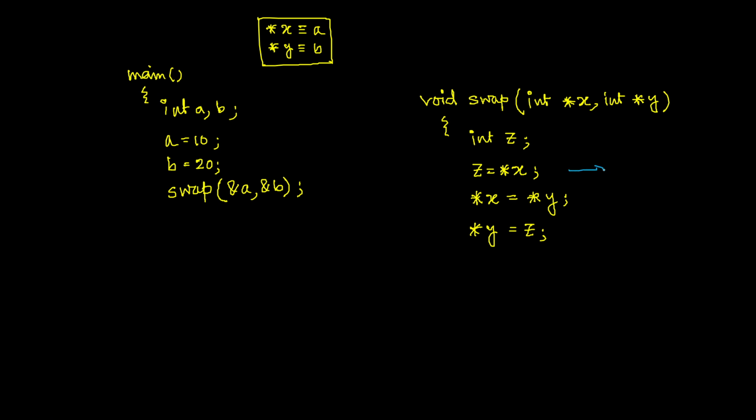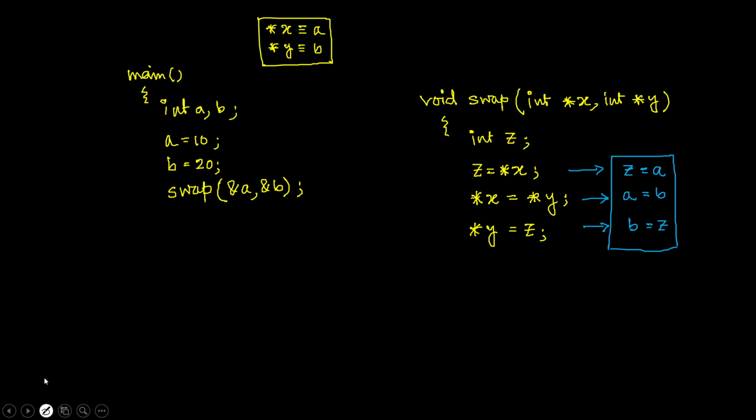In the back end, this is z equal to a, because pointer x means a, and this is a equal to b, and this is b equal to z. This part is not visible to any programmer, but conceptually, when you are writing this code, this is actually what happens.